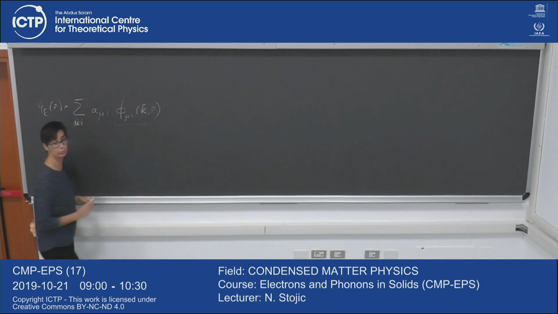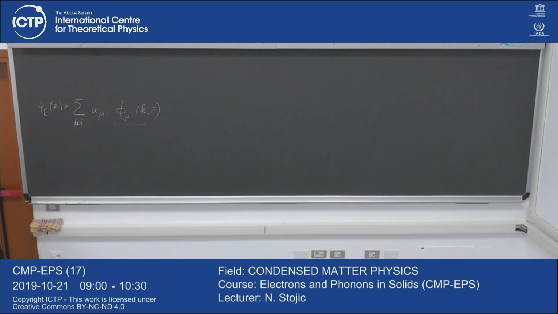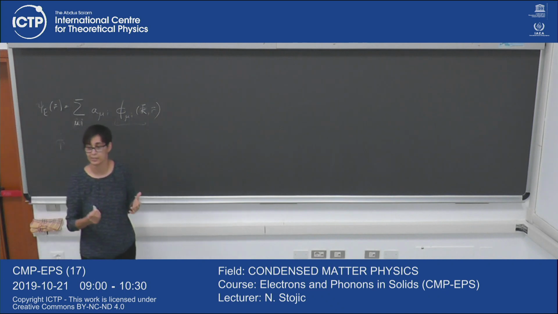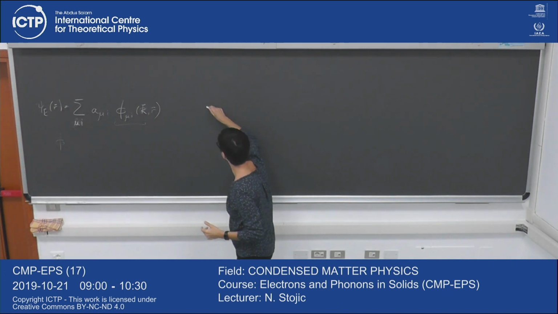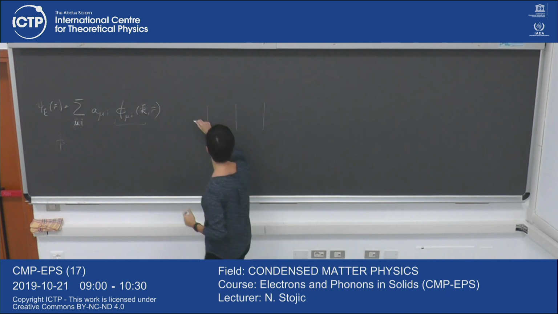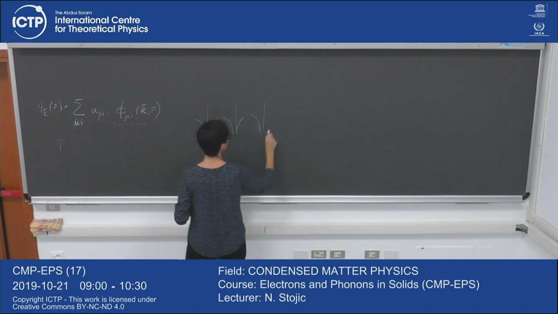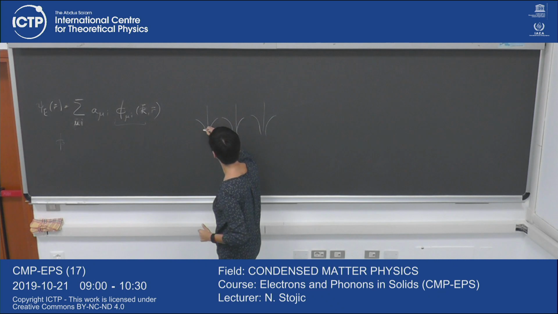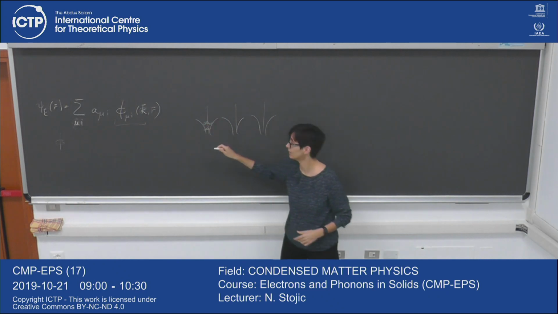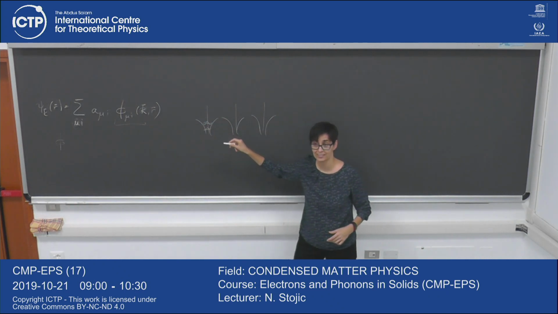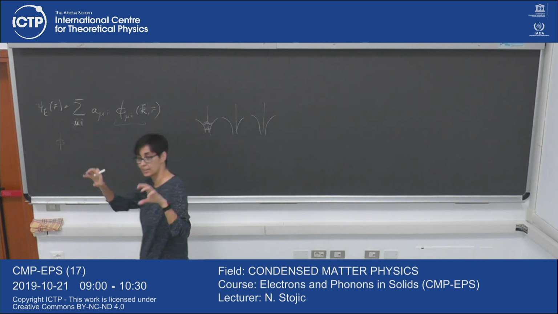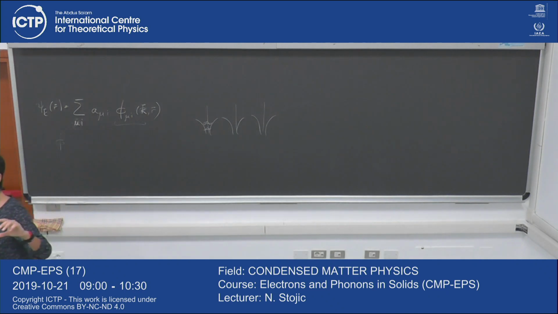I know that you proved it's a Bloch state. And this can be written because what you have is the potential on the atomic sites with different states: 1s, 2s, and so on. These states are my basis. So using this state at every lattice point, I automatically create something periodic.